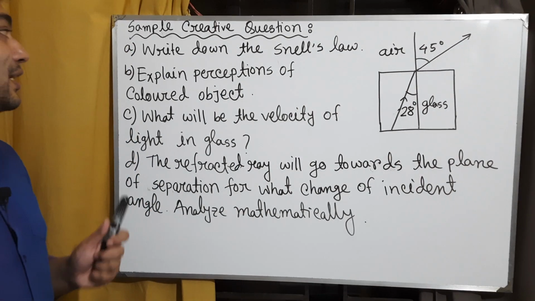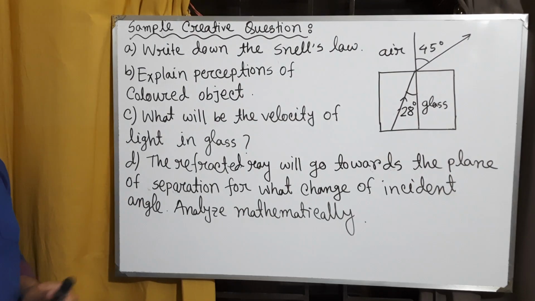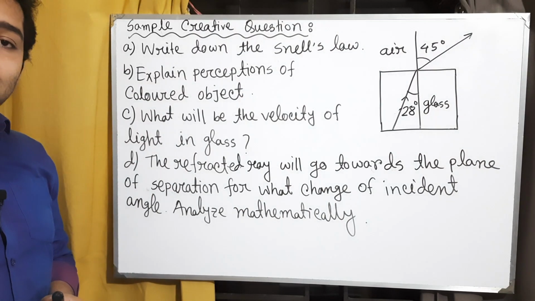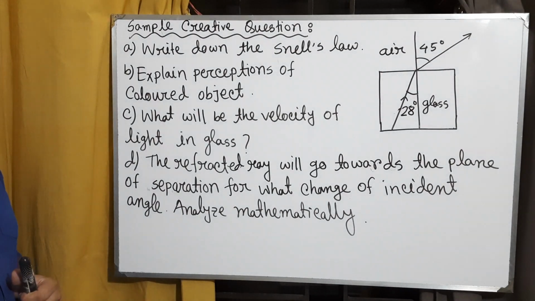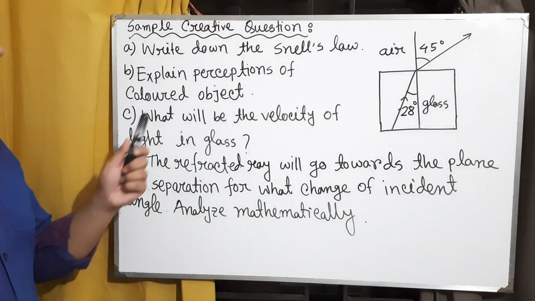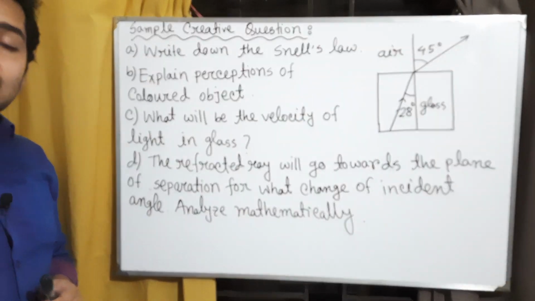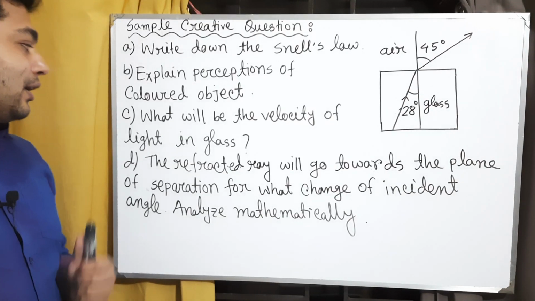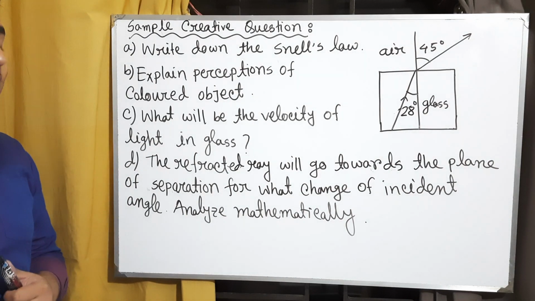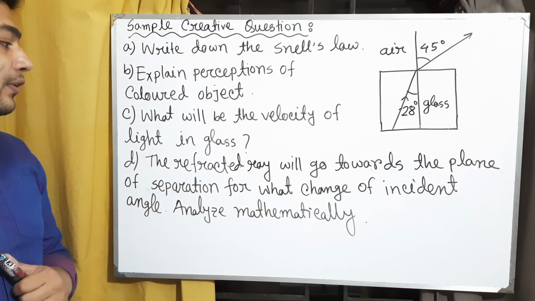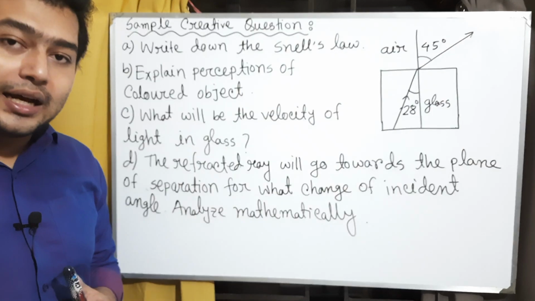And the questions are: Question A, write down Snell's law. Question B, explain perception of colored objects. Question C, what will be the velocity of light in glass?